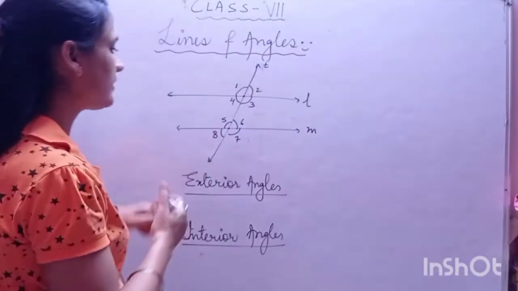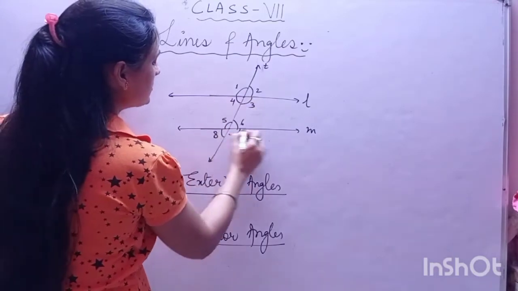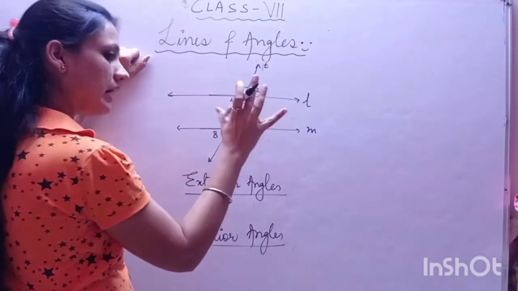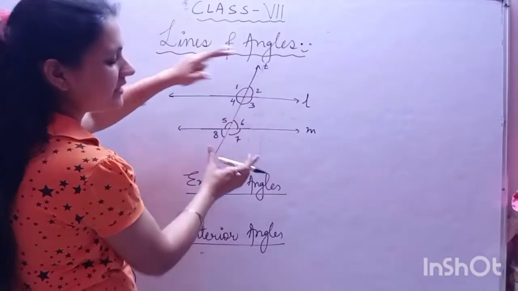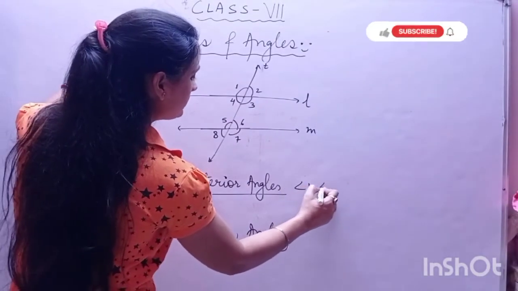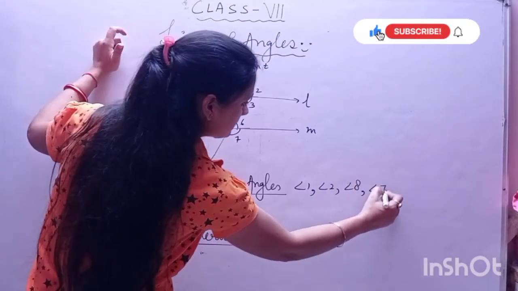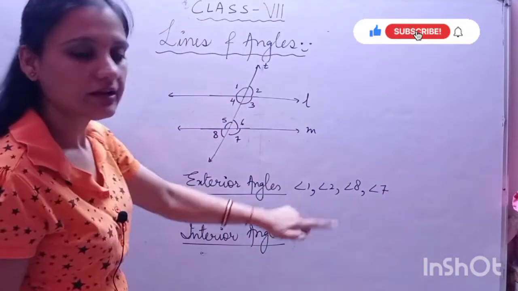Whatever angles are inside these two lines are interior, and outside are the exterior angles. So we can easily say that angle 1, 2, angle 8 and angle 7 are exterior angles.